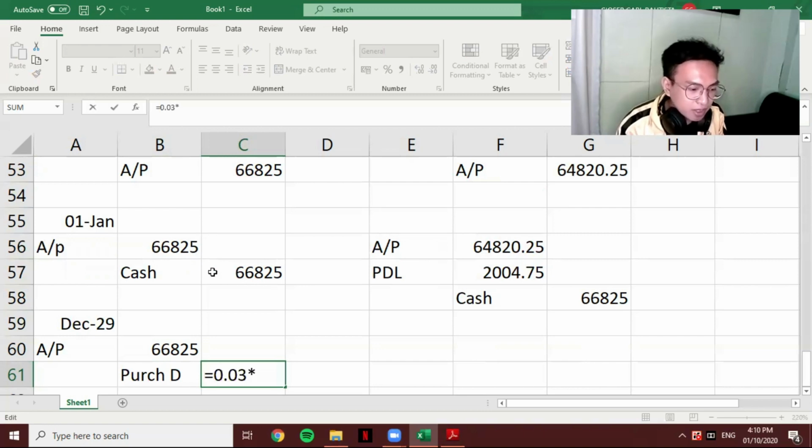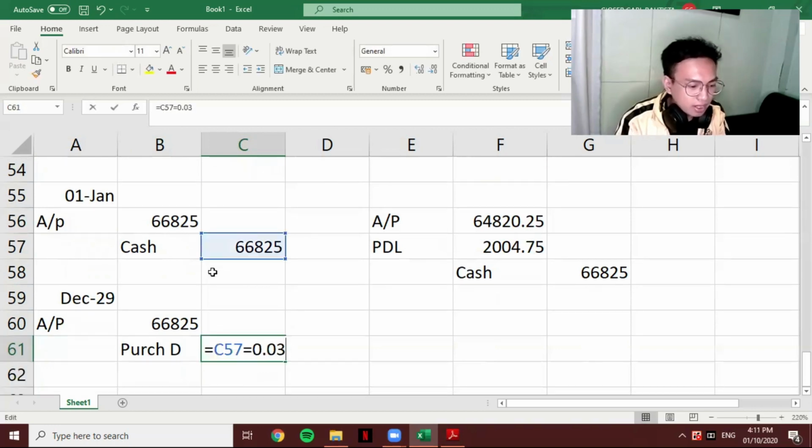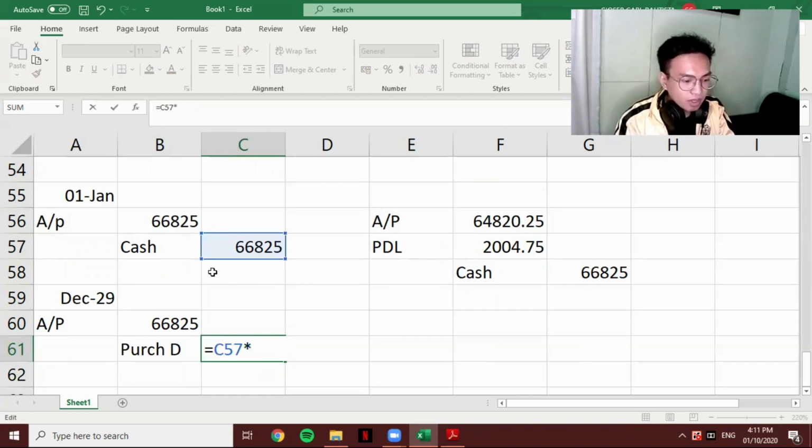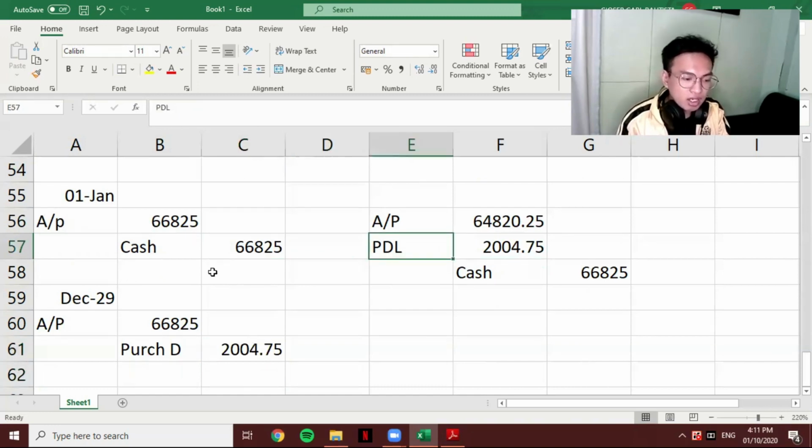Parehas lang naman sila ng purchase. Wala tayong magiging problema. Times 0.03, 2004.75. So, tama. The should have been purchase discount is 2004.75.